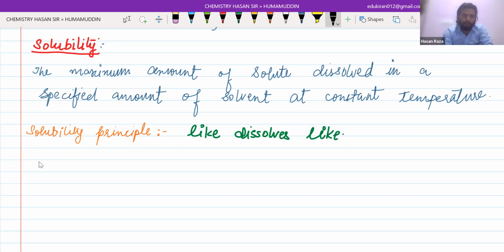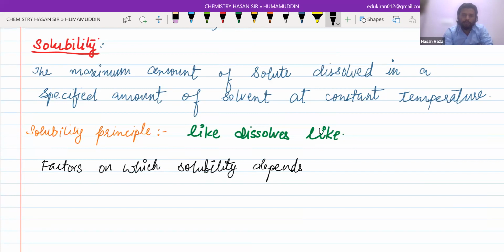So first of all, I'm going to take a topic that is factors on which solubility depends. There are a few factors on which solubility depends.